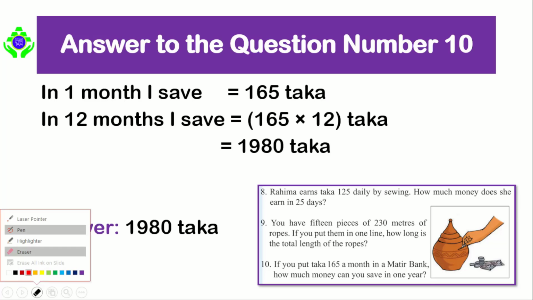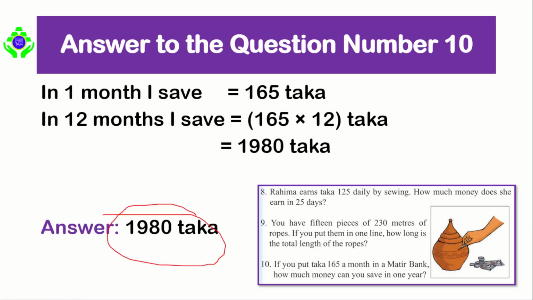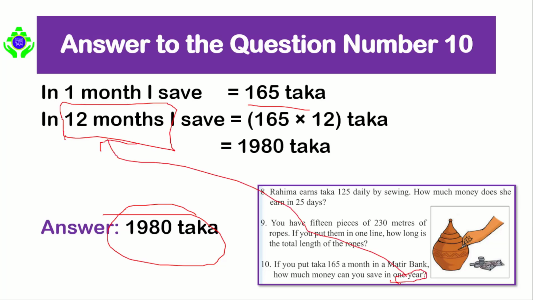Okay. So in the first line, I can write, in 1 month, I save 165 taka. In 12 months. So why is this 12 months? Because 1 year is mentioned, and I know 1 year is equal to 12 months. So in 12 months, I save 165 into 12.